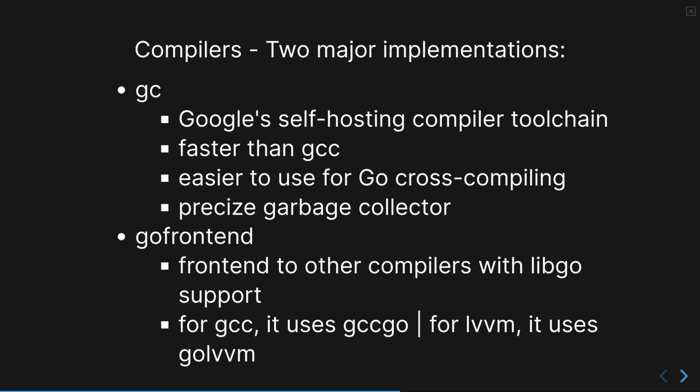But we do have some options to work with popular ones as well. Also, there is a third-party Gopher.js, which allows us to compile Go for front-end purposes to JavaScript.